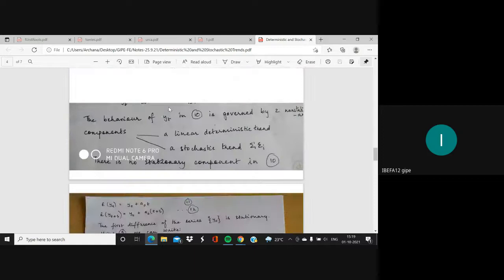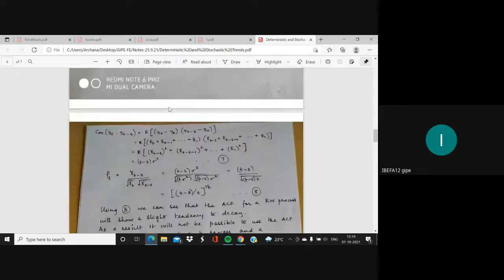So here in the previous case, if you saw in the random walk model, if you forecast one period ahead, your expectation yt plus 1 will be equal to yt. If you forecast two periods ahead, it will be equal to yt again. That's what was shown earlier. Even if you forecast S periods ahead, this is the simple random walk model without a drift.